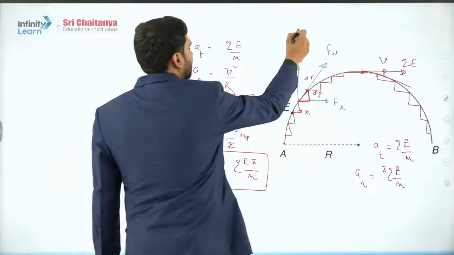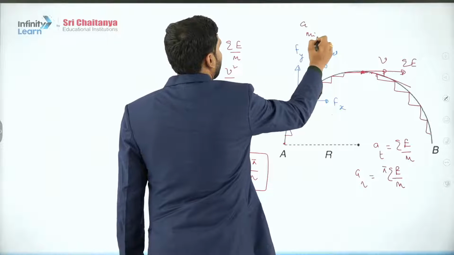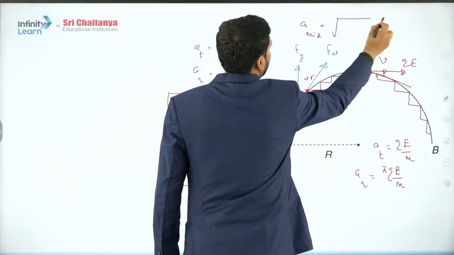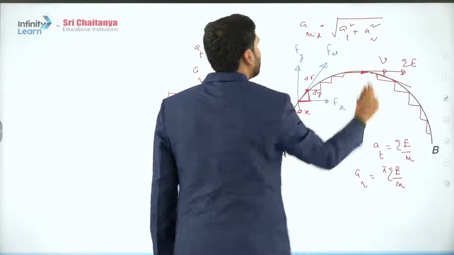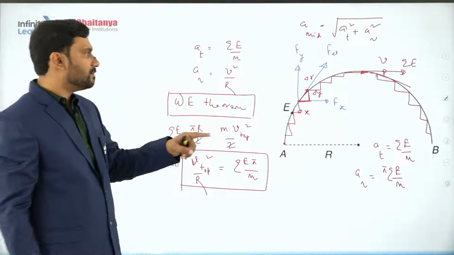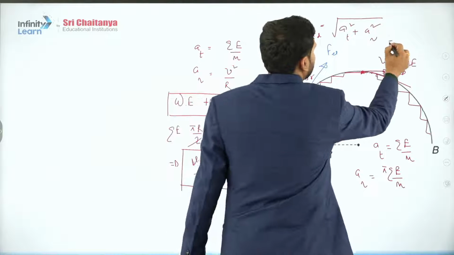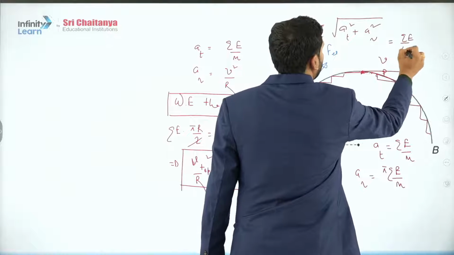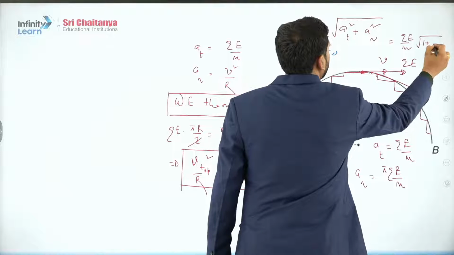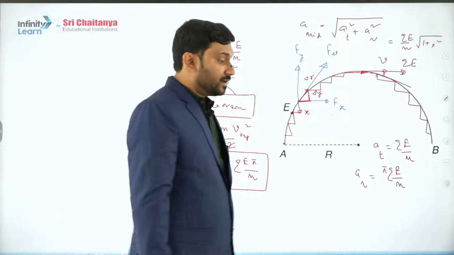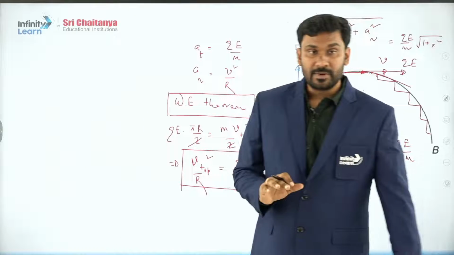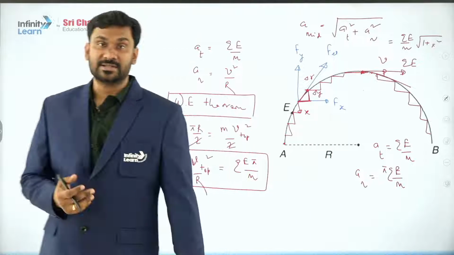I can write the total acceleration at the midpoint, a mid, is equal to root under of a t square plus a n square, because they are mutually perpendicular to each other. So QE by m will be common, root under of 1 plus pi square. This is going to be the answer, correct? It is a very intriguing question. It can confuse you, but do not get confused. Try to understand it in a proper way.